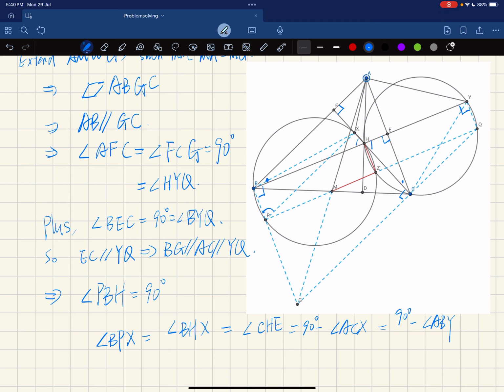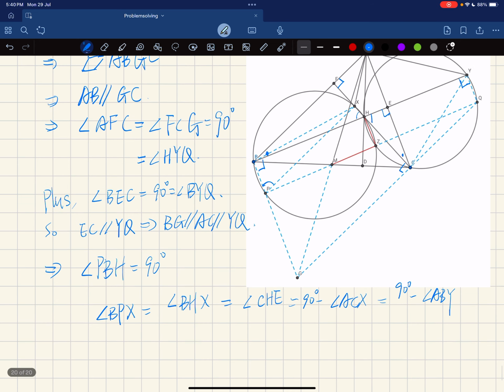It is also here because the angles BFC and BEC are all equal to 90 degrees. Then we have the 4 points B, C, E, F concyclic, so we can have these two angles FBE and FCE equal.